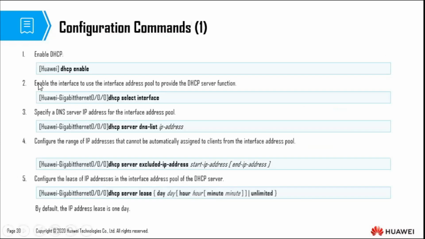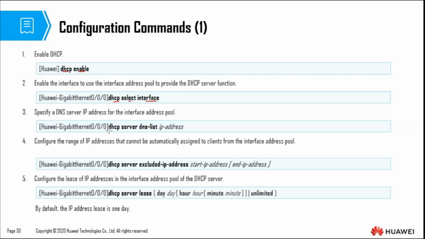Okay, so how do we configure a device as a DHCP server? DHCP enable. Then on an interface, DHCP select interface. So we can configure either on an interface or we can configure globally.